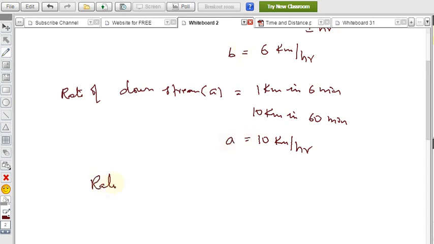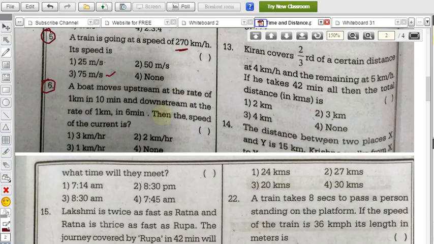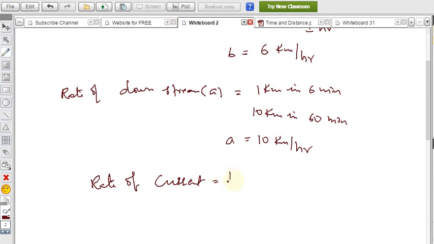So according to our formula, speed of the current, speed or rate both are same, right? Speed of the current or rate of the current is half into A minus B, half into 10 minus 6, half into 4, that is equal to 2.